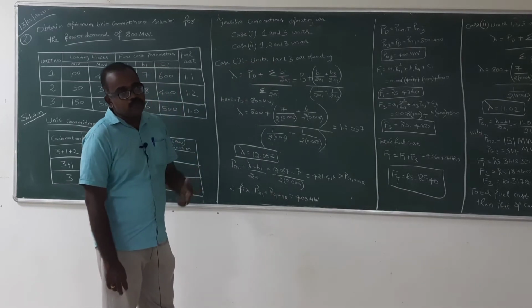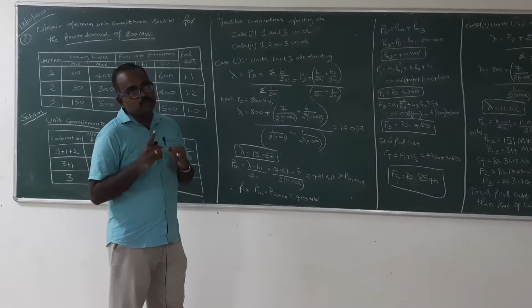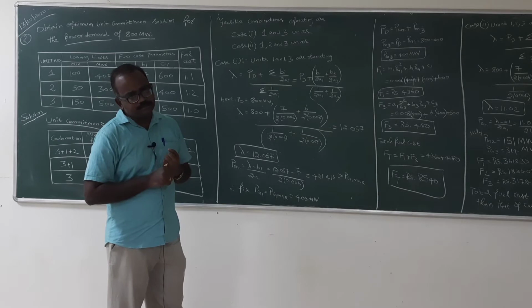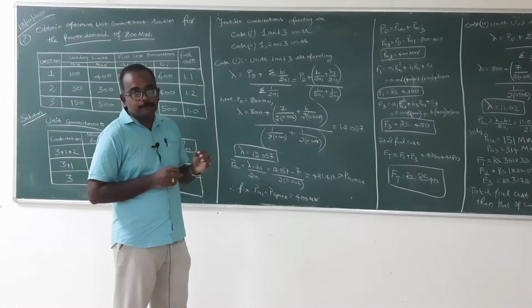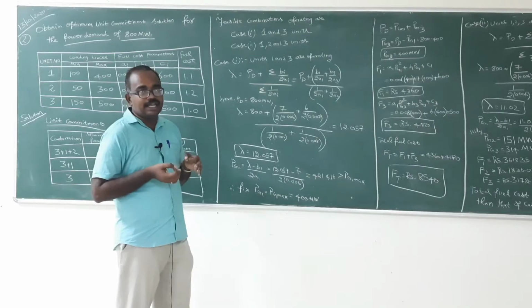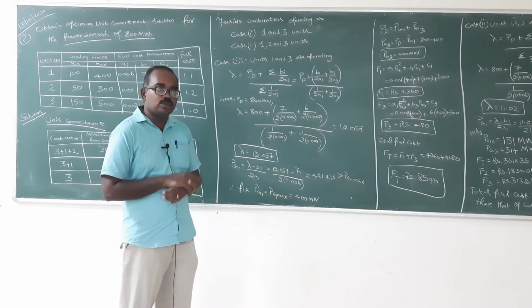For case 1, we have already studied this in the economic dispatch problem. First, what we have to do is the calculation of lambda. The lambda formula is PD plus the summation of Bi divided by 2Ai, divided by the summation of 1 divided by 2Ai.